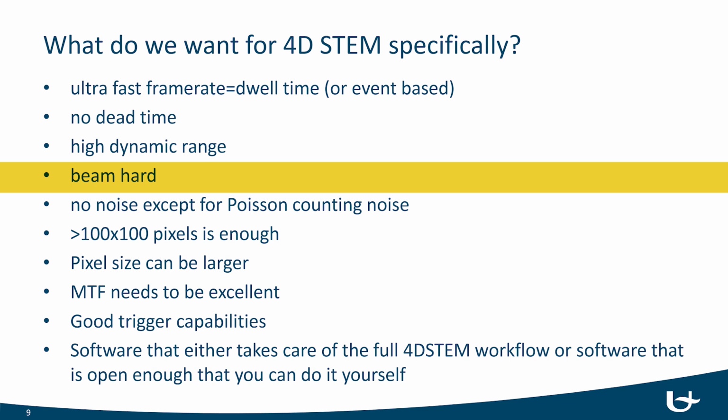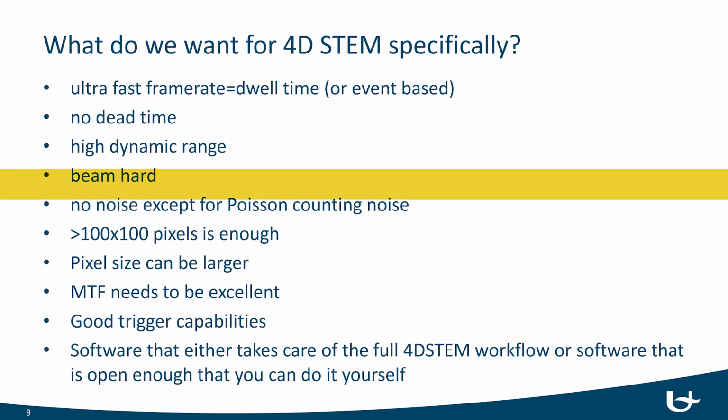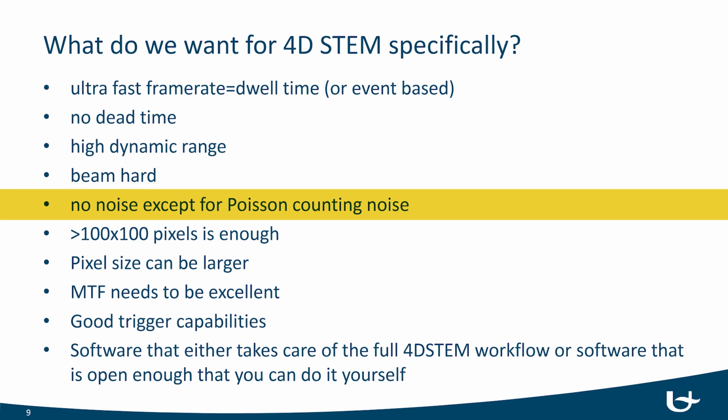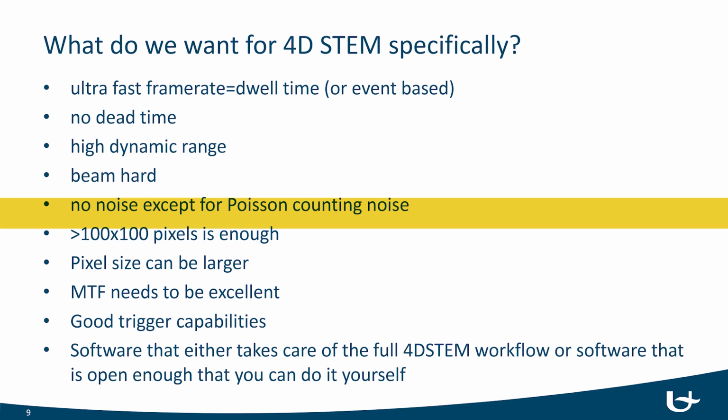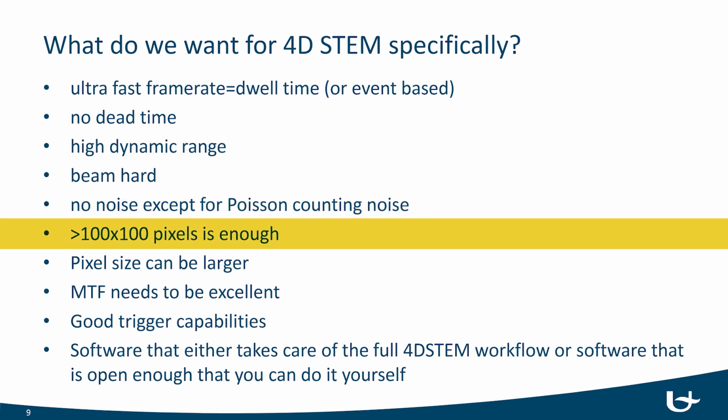What you really want also is that the noise of the camera is strictly Poisson noise, which means you have a camera with a high DQE, and you really only want to be counting electrons, and you don't want to be seeing thermal noise or readout noise or things like that. So as I said, something like 100 by 100 pixels should be enough for STEM, but it all depends on what you want to do.